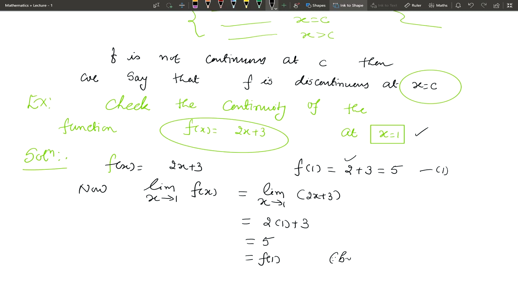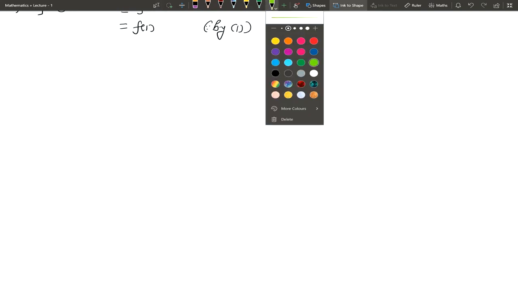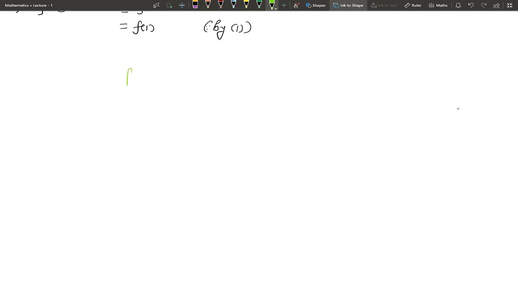Therefore limit x tends to 1 f of x equal to f of 1, therefore f is continuous at x equal to 1.